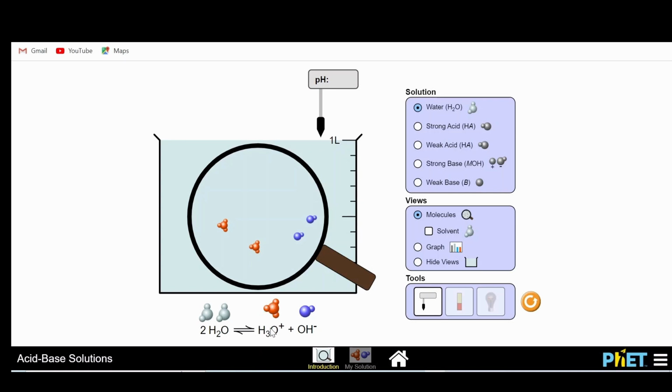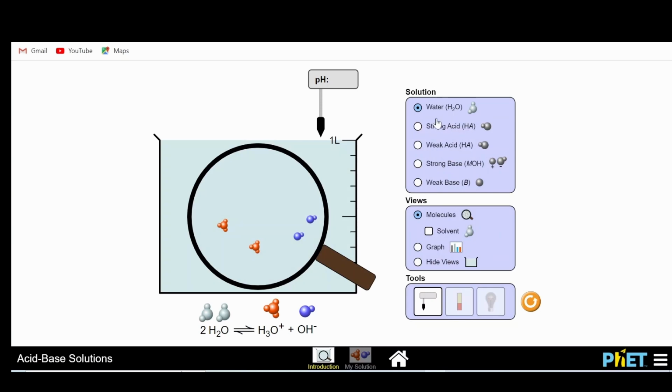Because one of these water molecules has essentially gained the hydrogen atom, hence formed the H3O plus instead of the H2O water molecule. And the one water molecule that donated its hydrogen ion is now left as just OH minus, basically one hydrogen less since it donated it.